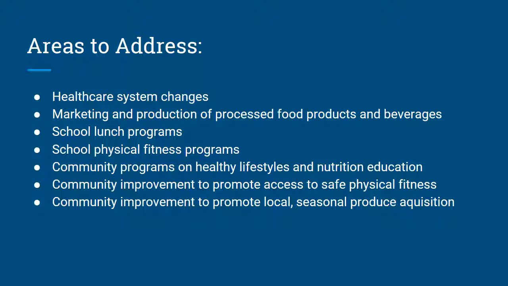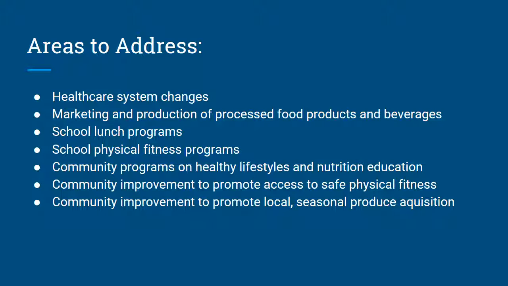Another area to address would be the marketing production of processed food products and beverages, as well as analyzing the school lunch programs and making changes to promote health and healthy eating for children in all of U.S. schools.